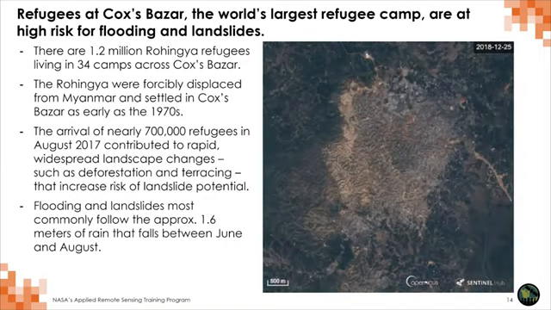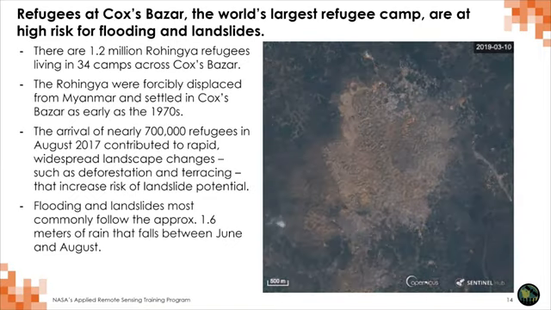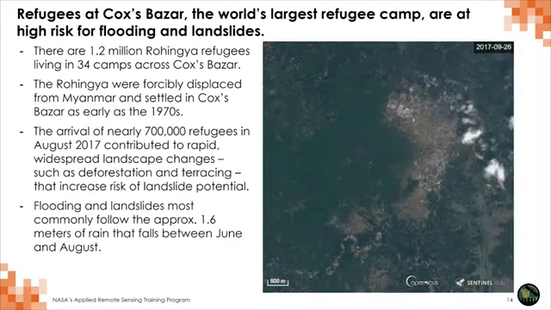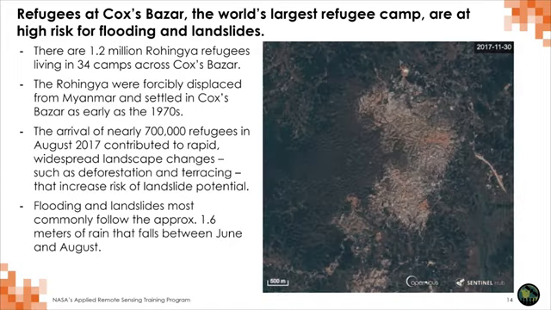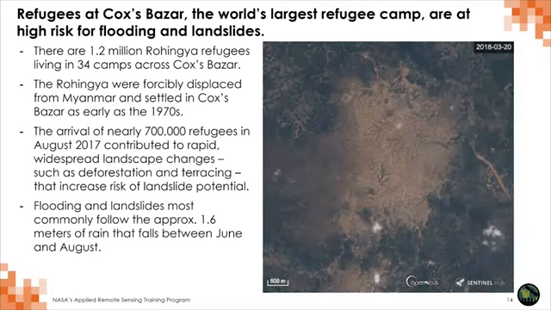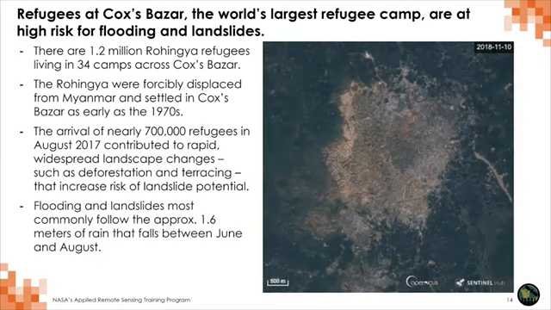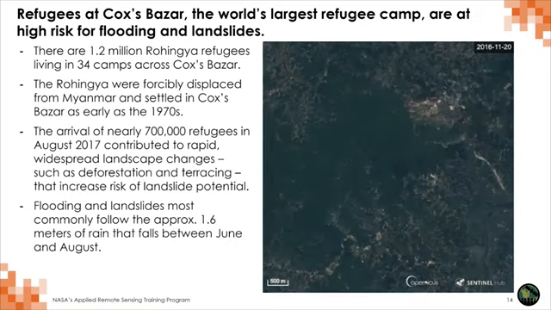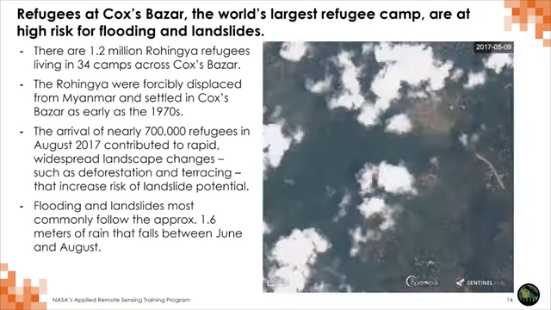We also have the great concern of just the sheer population density across Cox's Bazar. 1.2 million Rohingya refugees are distributed across 34 different camps in this region called Cox's Bazar. The refugee population in general has been there a long time, since the 1970s.